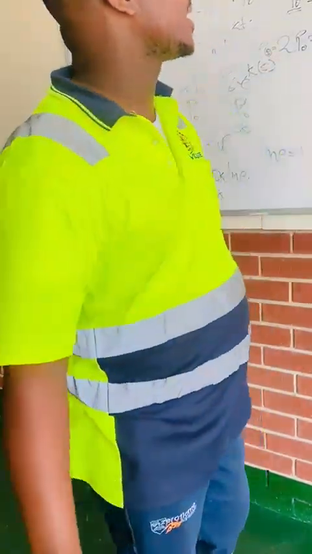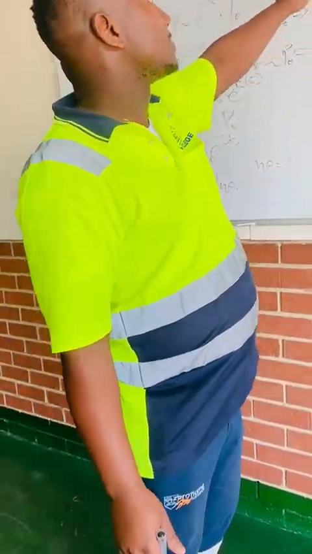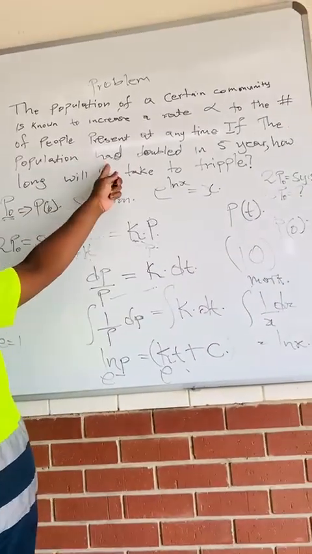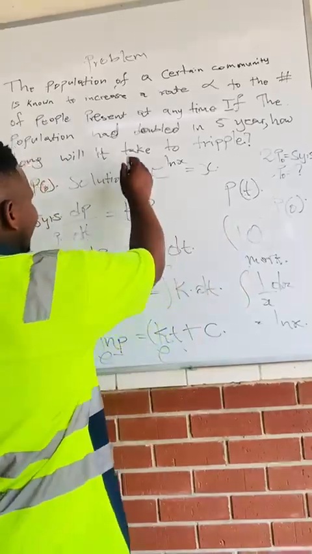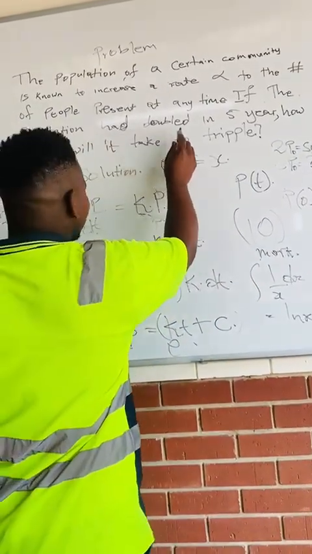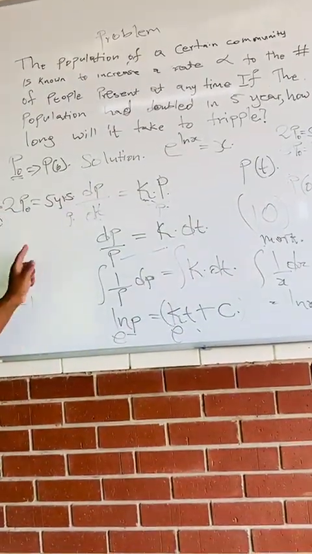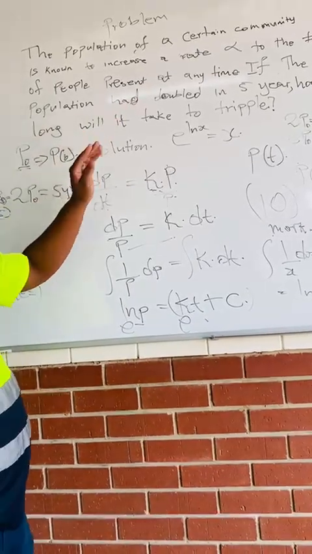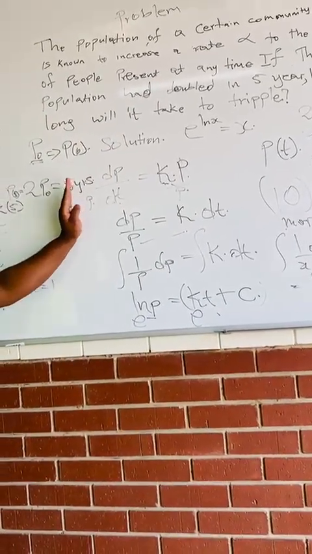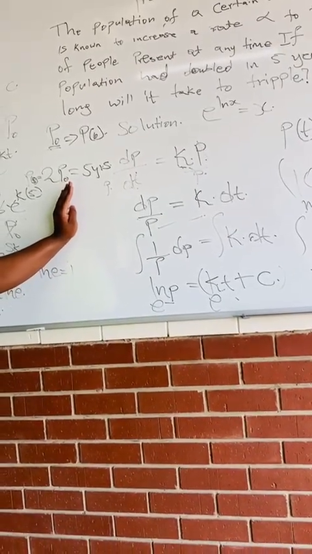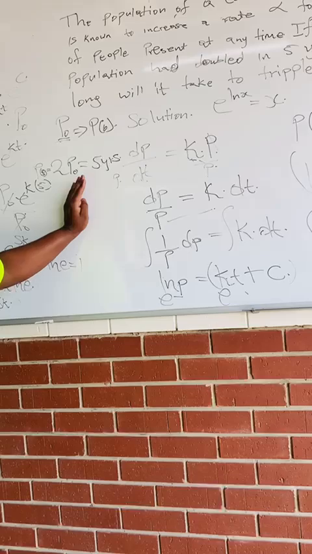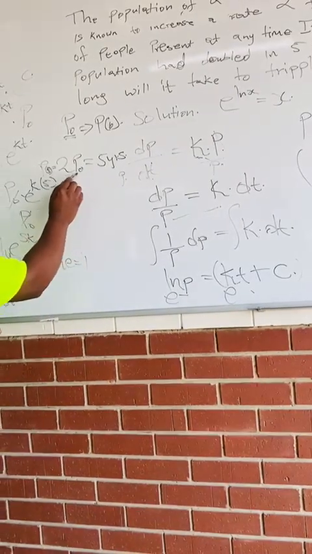From our statement, it says that if the population had doubled in 5 years, this is the given information from our statement. We all know that in 5 years, our population will be doubled. But not just our population, the initial value of our population will be doubled.